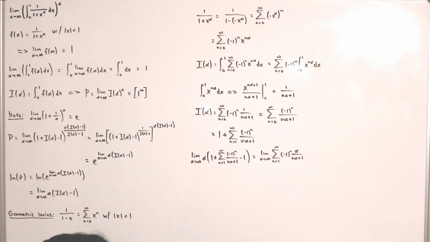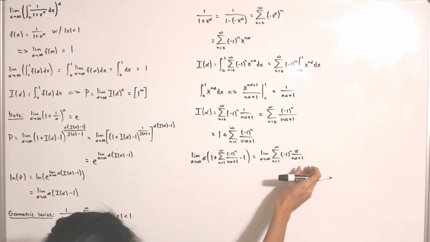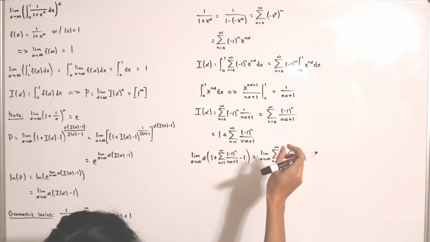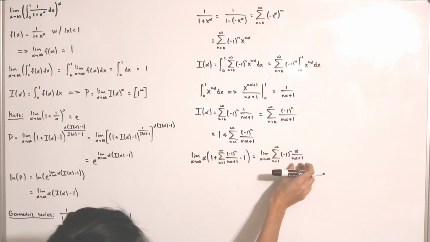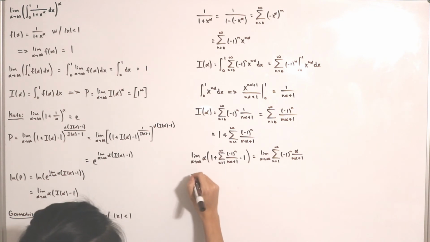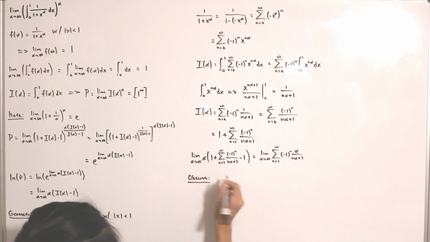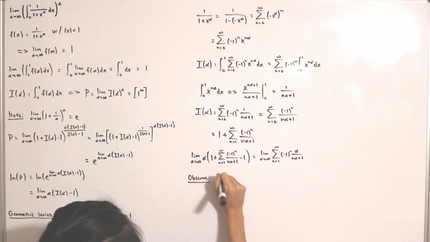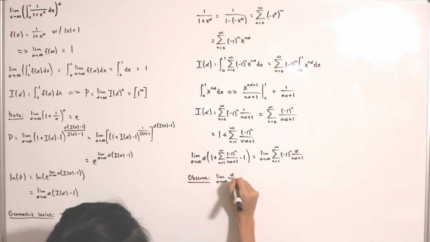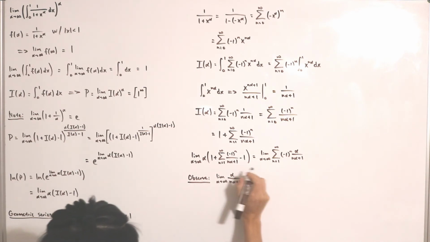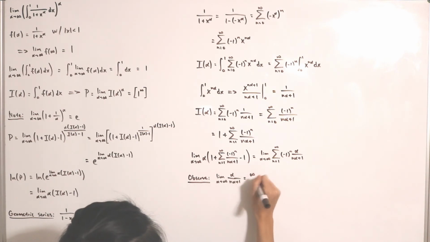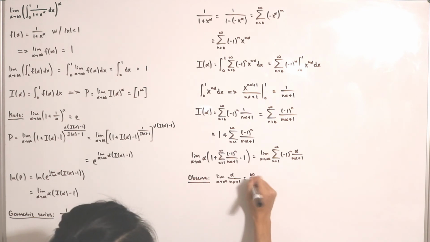So now let's take the limit as alpha approaches infinity. What we're really focusing on is this term in particular of our product. We observe that the limit as alpha approaches infinity of alpha divided by (n alpha + 1) is an infinity over infinity indeterminate form.